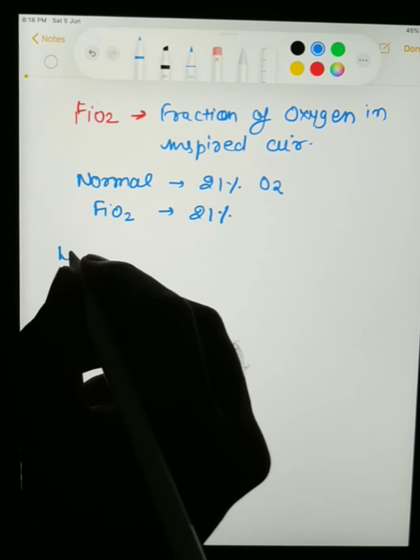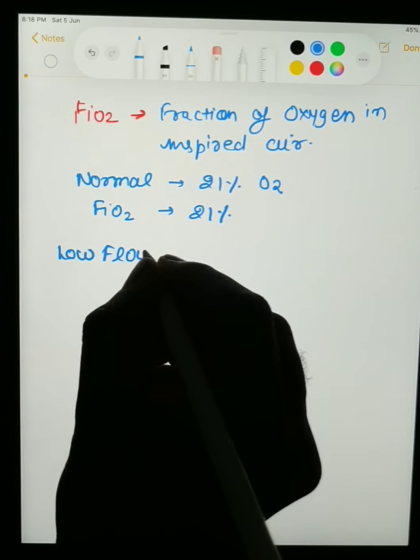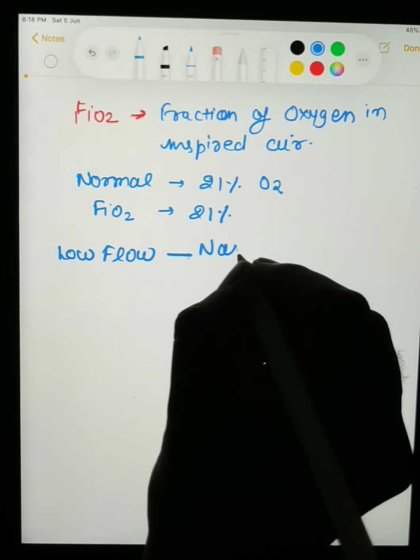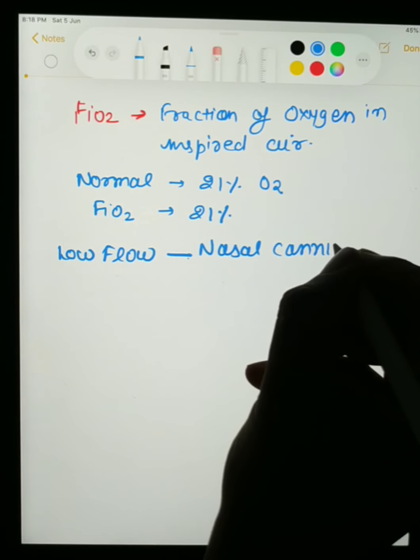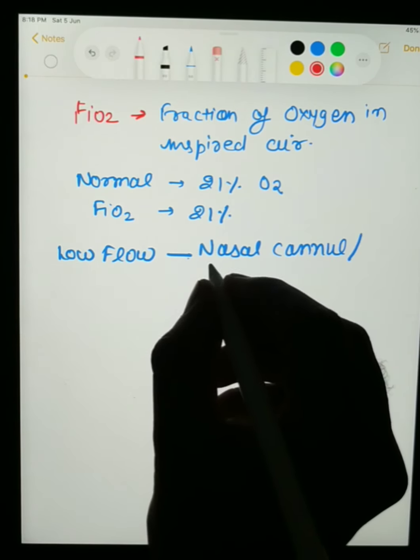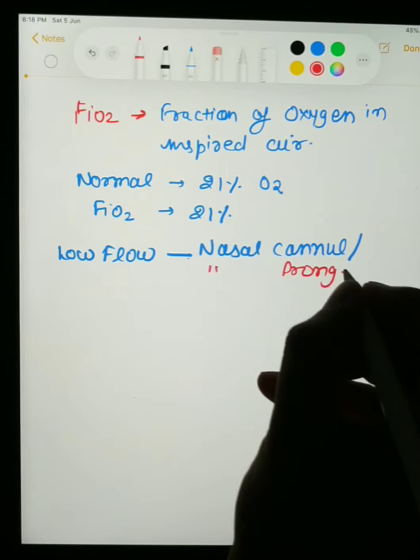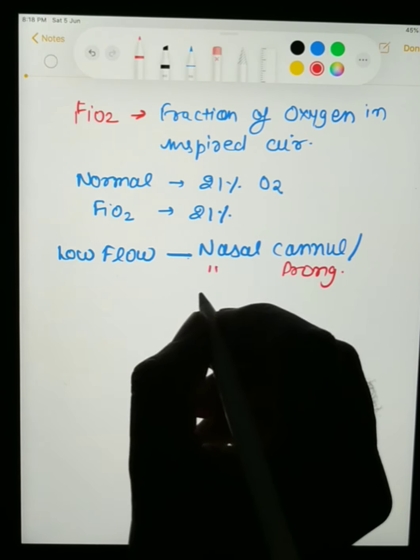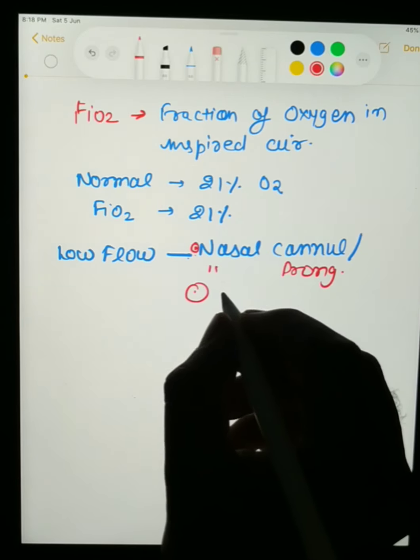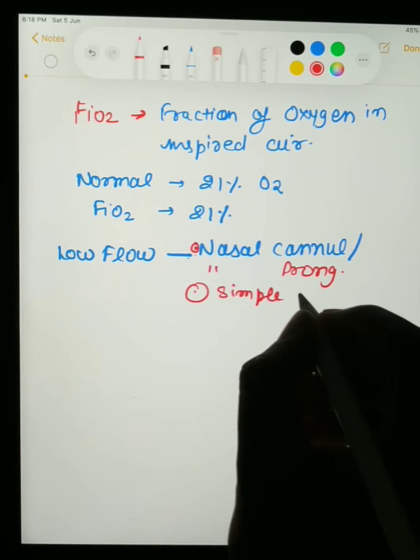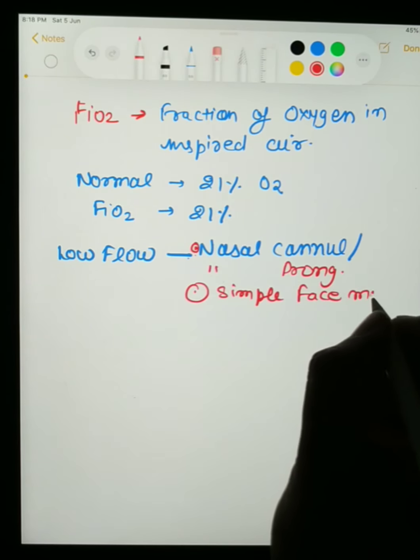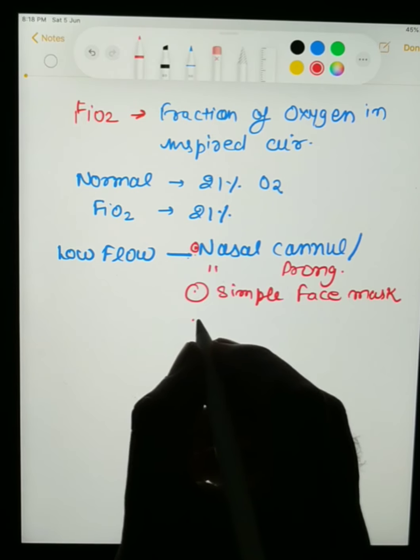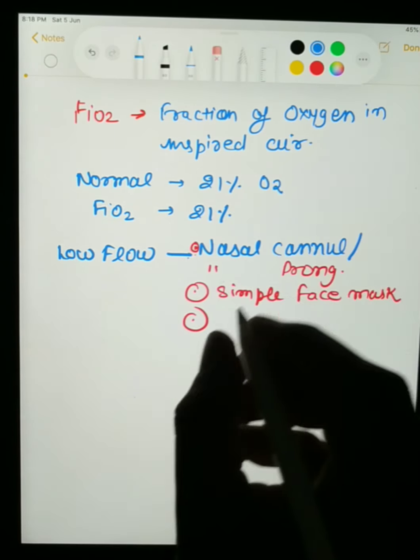In low flow system, we have nasal cannula or nasal prong. Second is the simple face mask, and third is the reservoir mask.